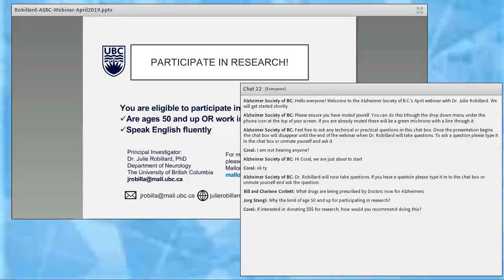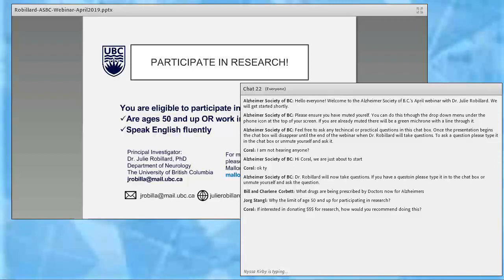Essentially, we're interested in the process of aging, and so that's why we want to talk to people who are 50 or older. But as I mentioned, if you work with older adults, either in a caregiving capacity or in a professional capacity, you're eligible for the studies we're doing in my lab as well.